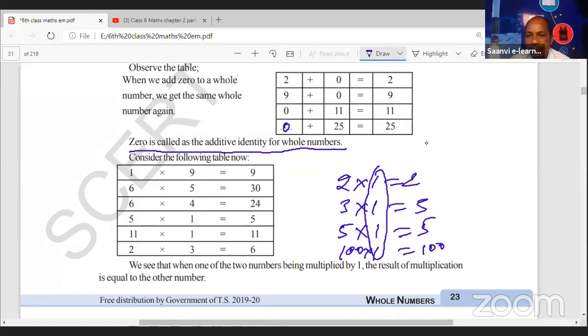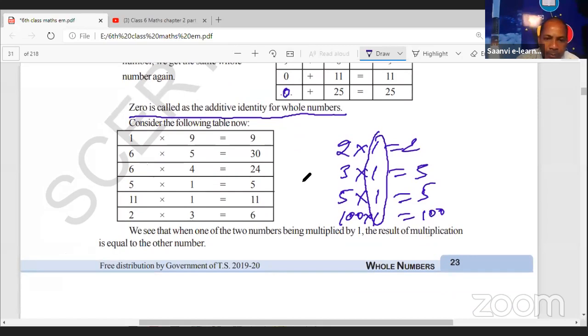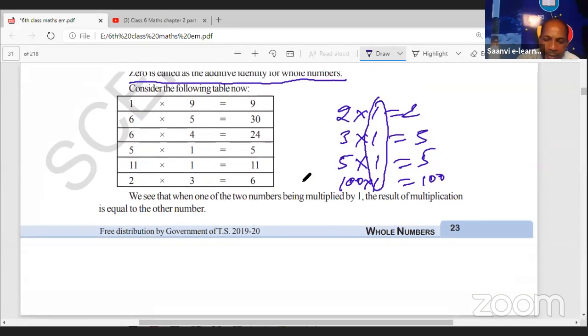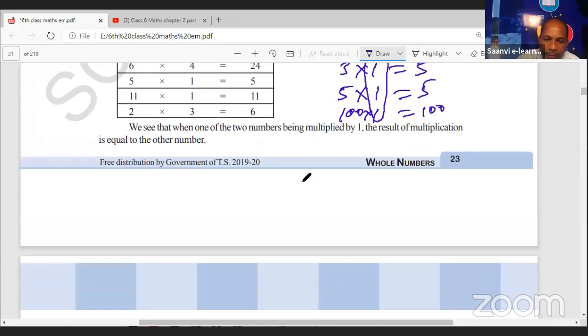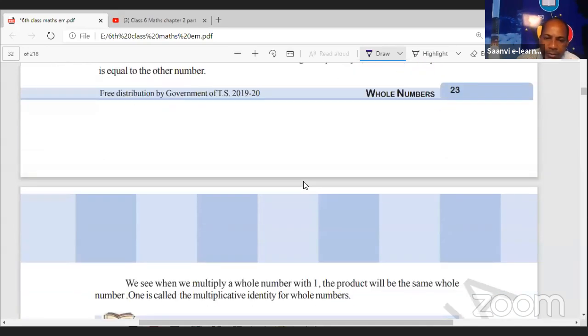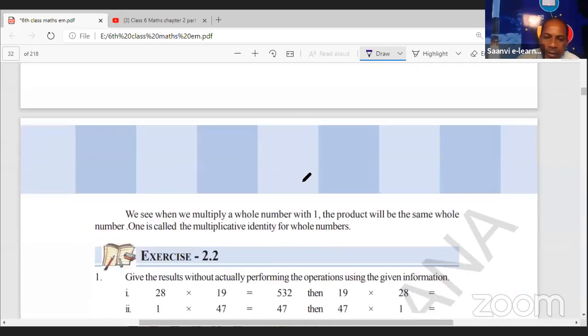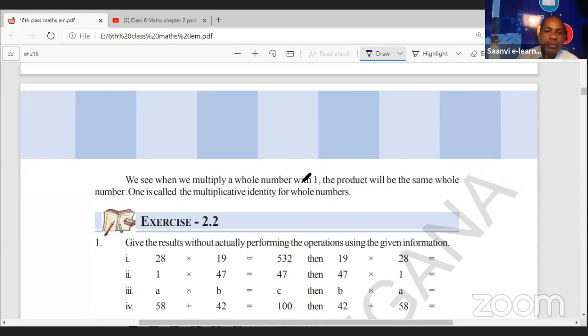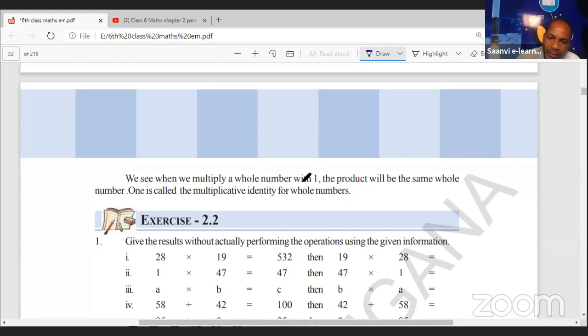So that is why 0 is called additive identity. We are adding, so that is called additive identity. So remember, children, what is additive identity and what is multiplicative identity? 0 is the additive identity and 1 is the multiplicative identity.